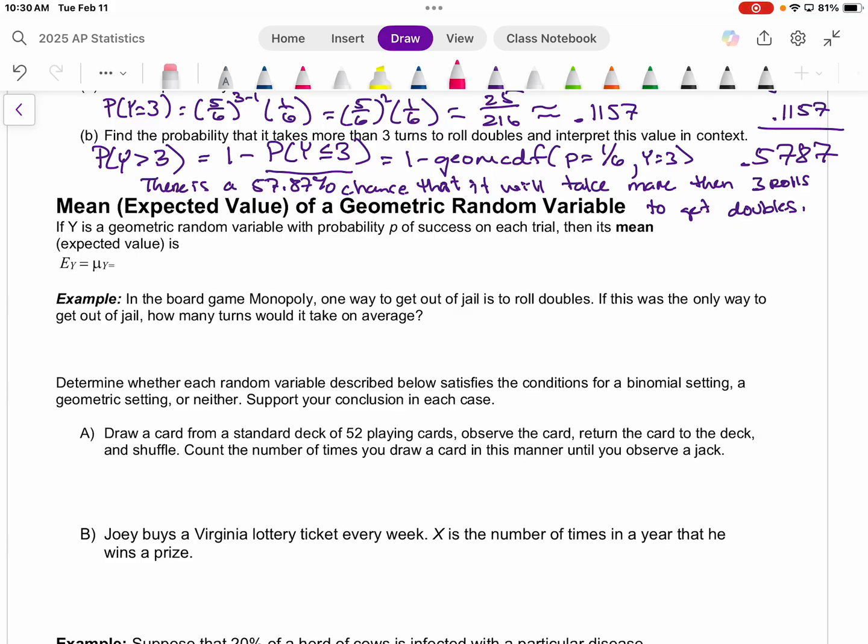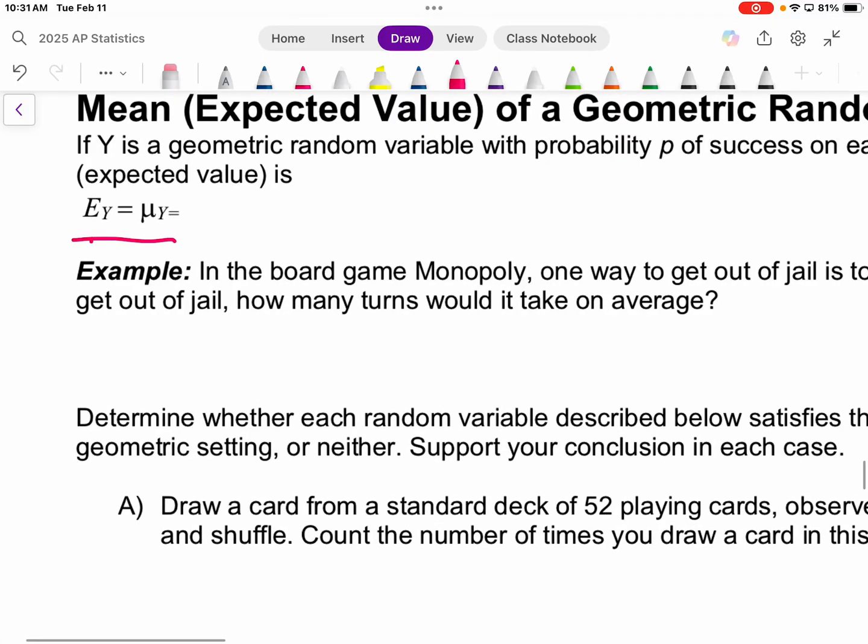If y is our geometric random variable with a probability of p of success on each trial, then its mean or expected value is, and here's some of our notation, E sub y is equal to mu sub y, which mathematically, we just got to do 1 divided by p. All we have to do here is take 1 and divide it by the probability of success. And that will tell us what our expected value is or what our mean is of a geometric situation.